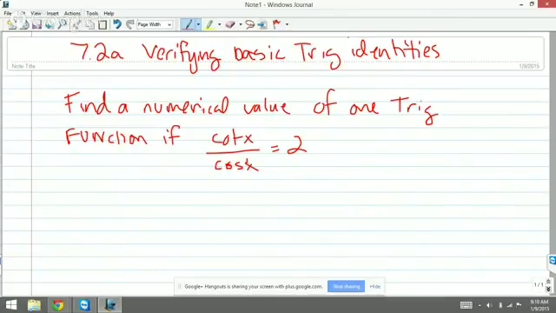There were no equations. Now we're going to introduce equations into the mix. So if I have that equation, how can I simplify it to one trig function? Much like we did this one here, number 16.